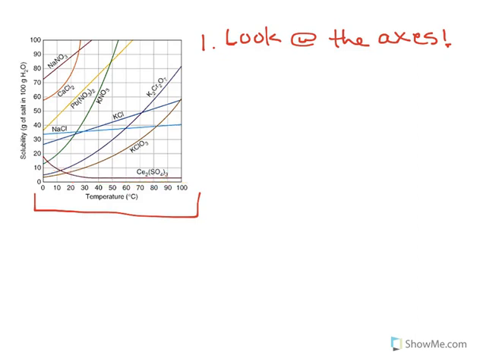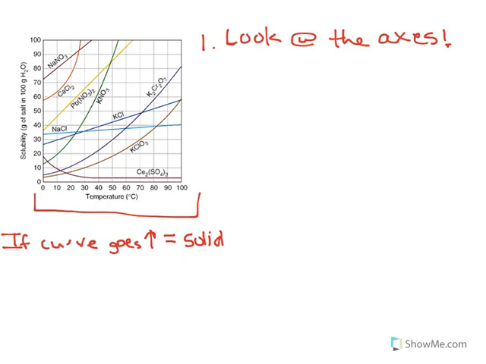Well, really important concept here that we keep these straight. If the curve goes up, your solute is a solid. Okay? Let me explain that for a minute.